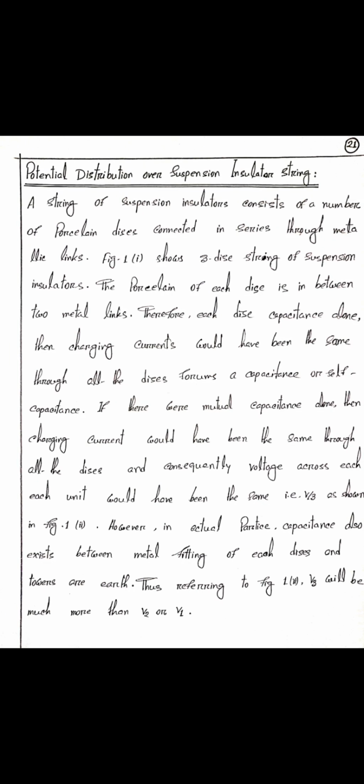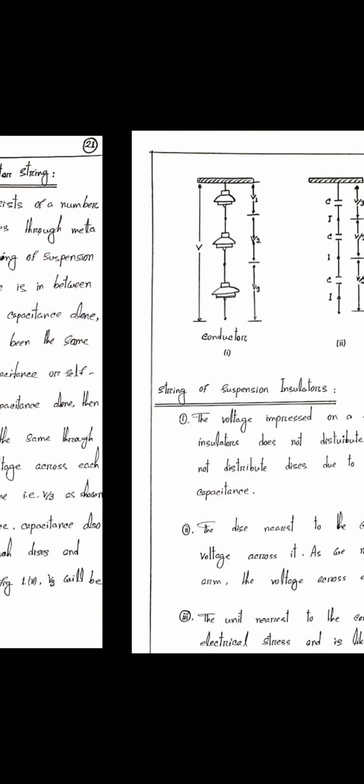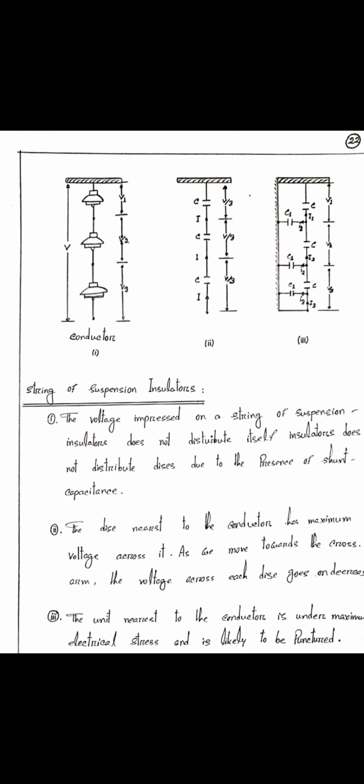Potential distribution of a suspension insulator string. Here is the description of potential distribution of a suspension insulator string. The string of suspension insulator consists of a number of porcelain discs connected in series by metallic links. The figure of potential distribution: conductor, 1, 2, 3 structure.